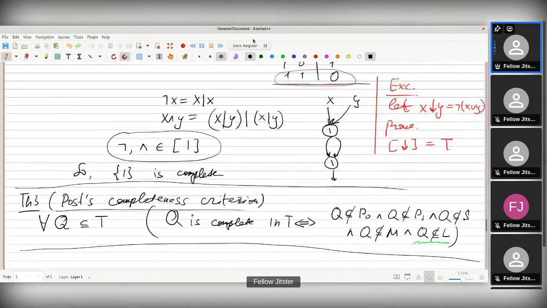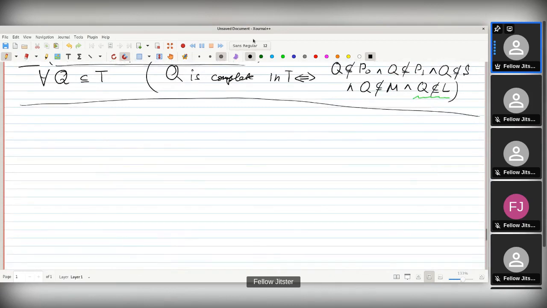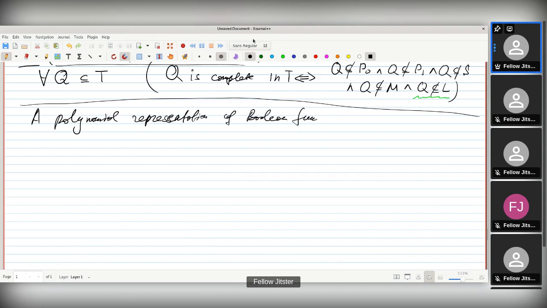In fact, every function can be expressed as a polynomial. So our last topic here is as follows. A polynomial representation of Boolean functions.